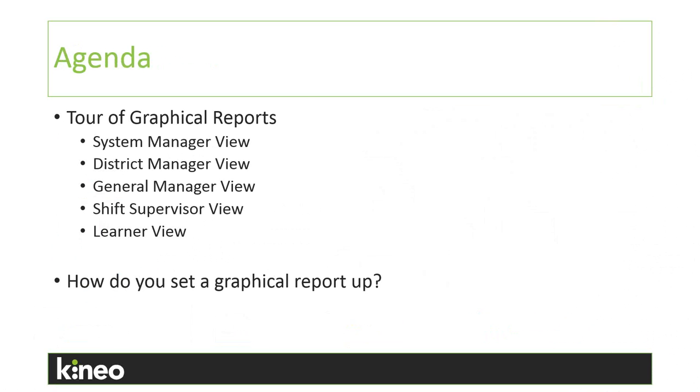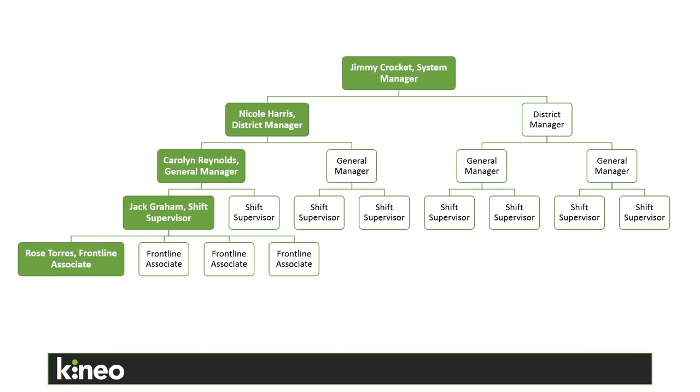So let's take a quick look right here so that you can see what it is that we're going to be doing. We have Jimmy Crockett, our system manager, so I wanted to give you an organizational structure here so that you can see our company. Keep in mind that this is based on a fast food chain, so the structure of how one of those companies would work.